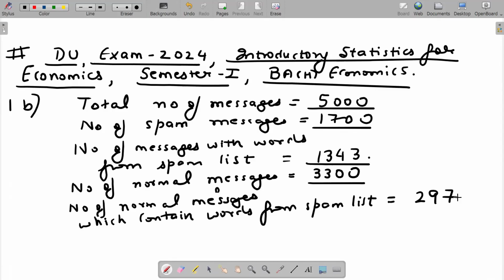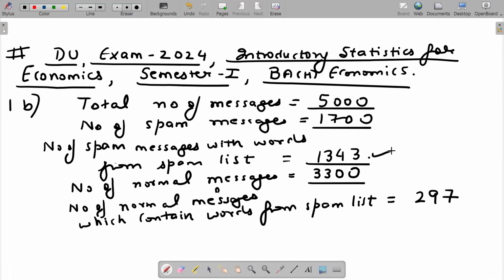There are 297 normal messages which contain words from the spam list. To make it clear, number of spam messages with words from the spam list are 1,343.